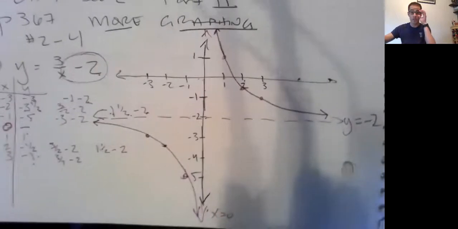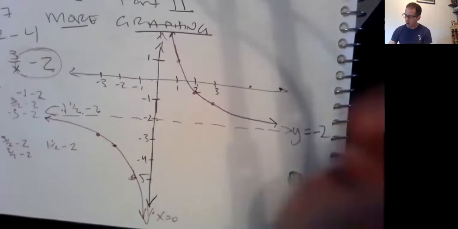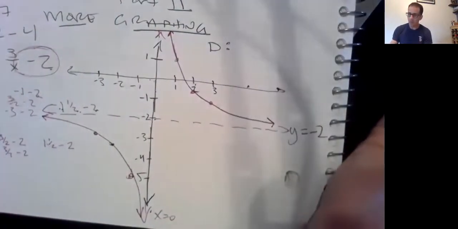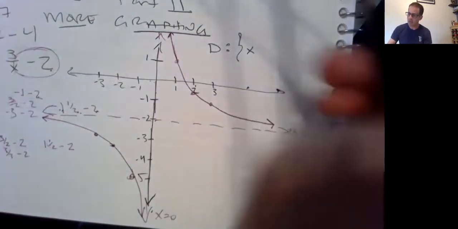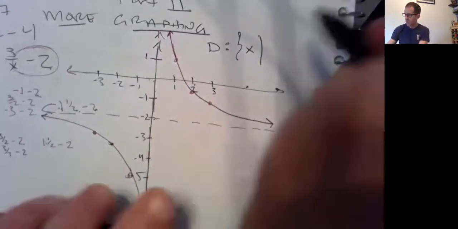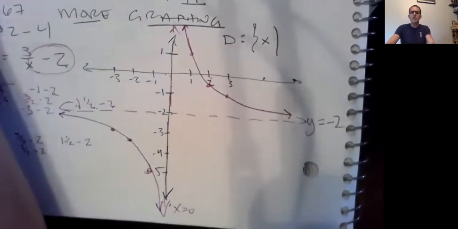Y equals, we didn't state the domain and the range. I apologize. I always overlook that stuff because if you know me well, you know that I'm bad at listening to directions. We need to state the domain and the range. Domain, what are the x's? So remember in Algebra 2, we start with a curly brace. The variable is x, such that, remember the big straight line is such that. X can be any number you can think of.